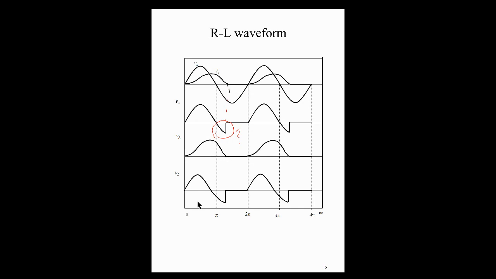And the voltage across the inductor will pretty much mimic what we have at the output. So this output waveform is very similar to the voltage across the inductor waveform. Any questions? All right.